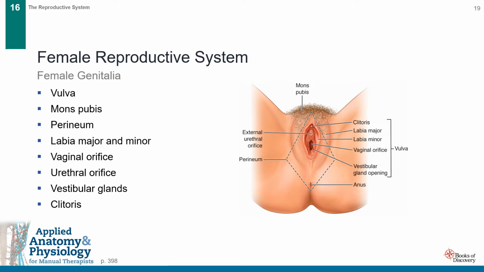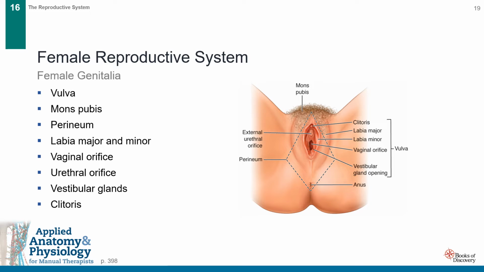Soft tissue folds called labia surround the vaginal area and the urethral orifices. The larger folds are the labia majora, while the labia minora are the smaller folds immediately medial to the labia majora.